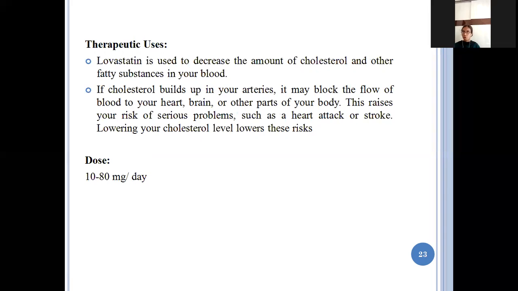If cholesterol develops in the arteries, it will block the flow of blood to the heart, brain and various parts of the body, causing heart attack and stroke. So to avoid this, the drug is used to remove cholesterol from the body.